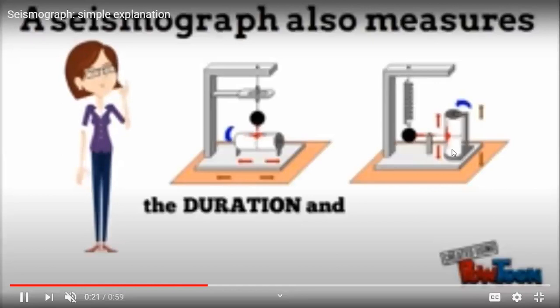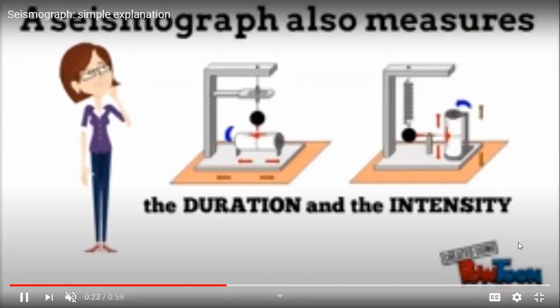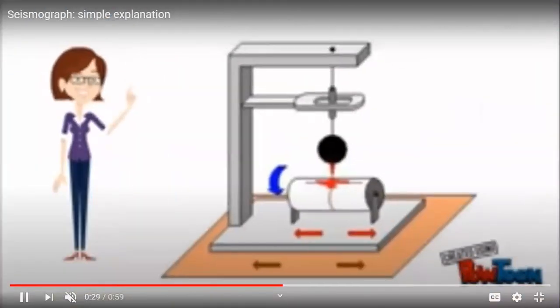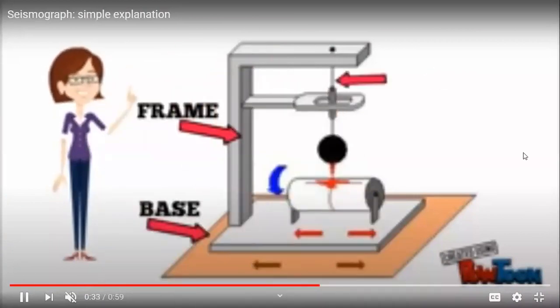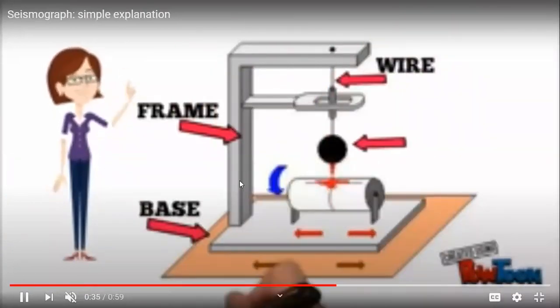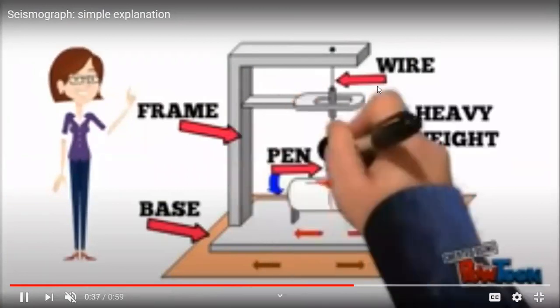This is for vertical movement. You can just search on YouTube; there are so many videos available on how this seismograph records the seismogram. There's a frame and a base plate, and there will be a string attached to the pendulum.